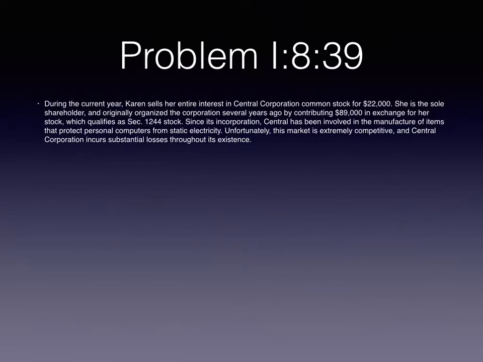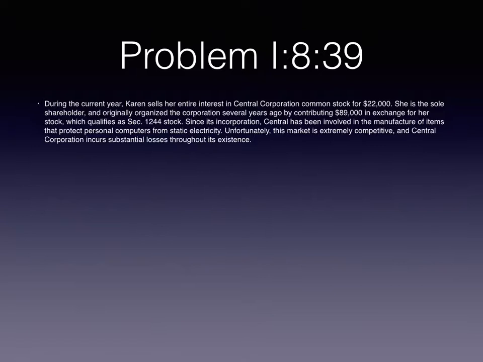If you remember, 1244 stock has special allowances for deductions related to loss in value there. So that's why that's set out there. So, as soon as you see that, you should be looking up the relevant section in your book that deals with 1244 stock, so that you can see how that's going to affect this question.